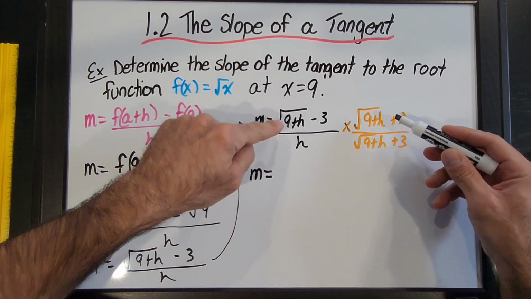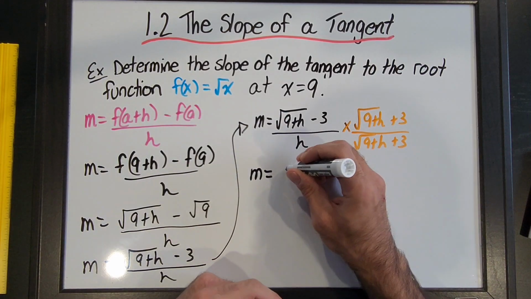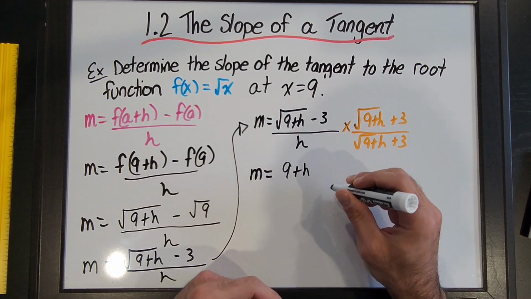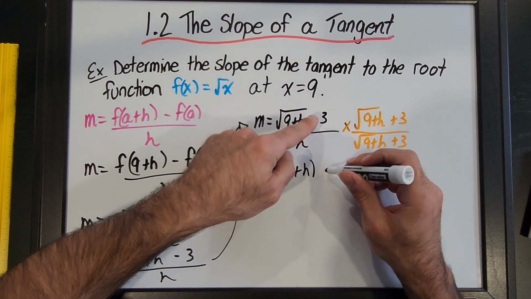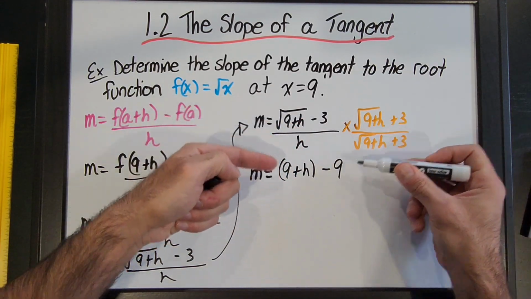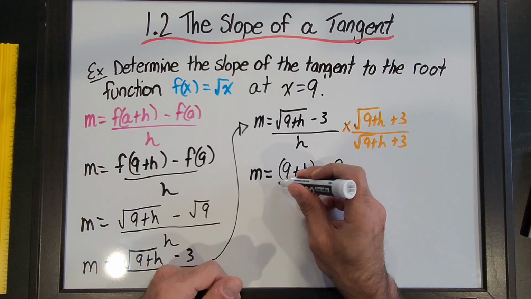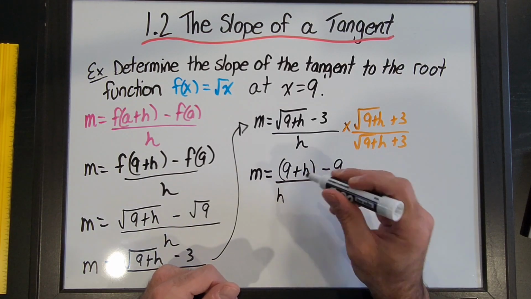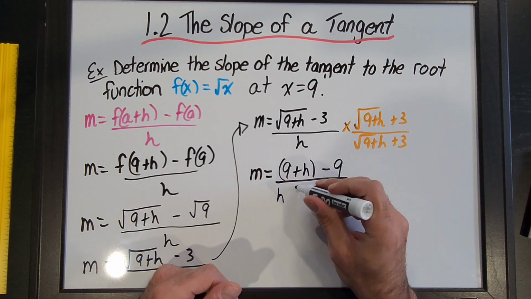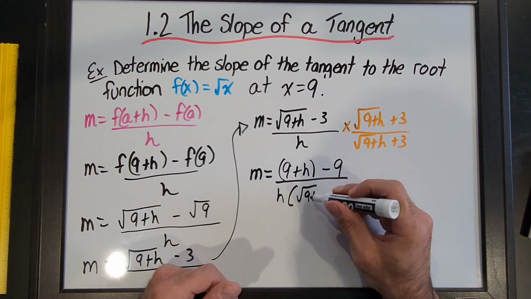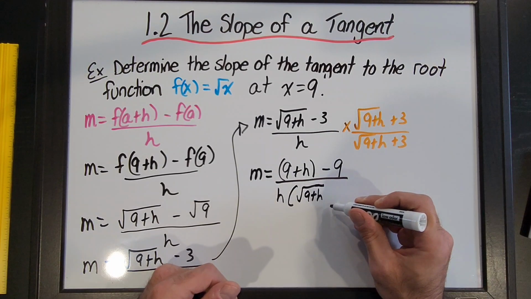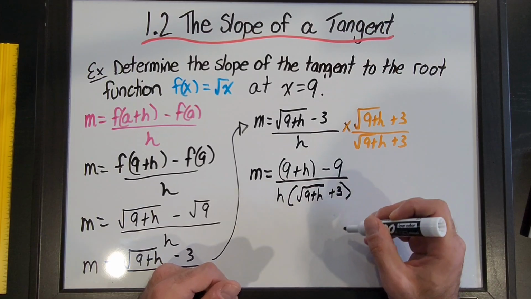So take a look at this. This is a plus b and a minus b. So I'm left with 9 plus h minus 9. There's my difference of squares from the numerator. And in the denominator, I never multiply the h inside, just keep it out. This is root 9 plus h, make sure the root extends over the h, plus 3.